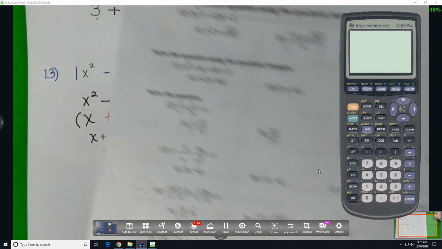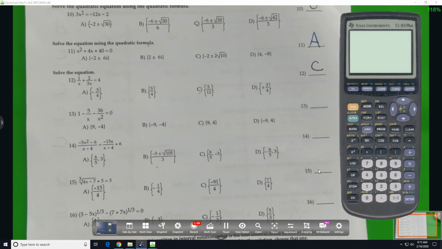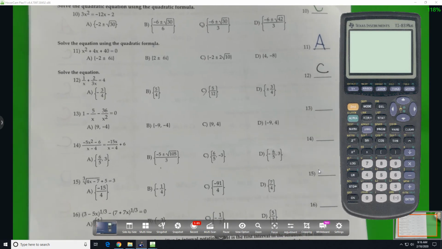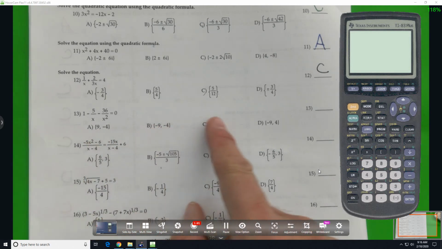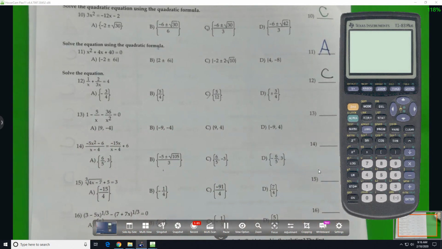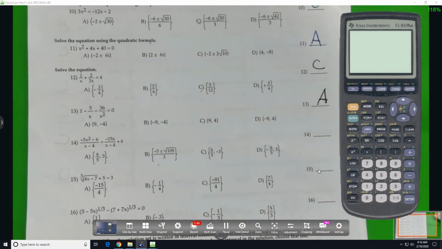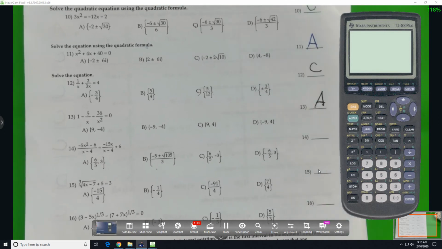Look closely. A negative 4 and a positive 9. Oh, which one is it? Is it A? Negative 4 and positive 9. Yeah, it is A. Okay. Any questions there?